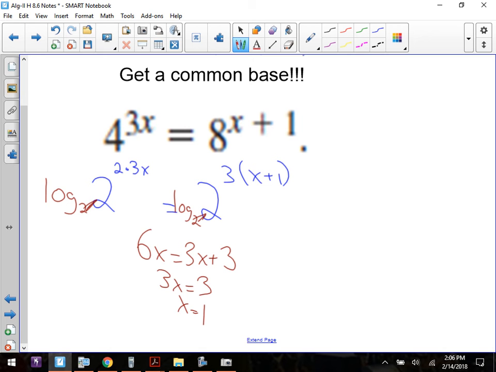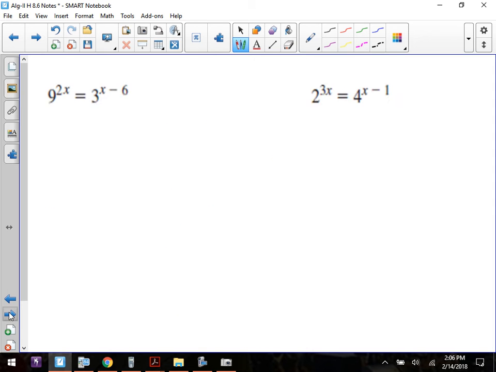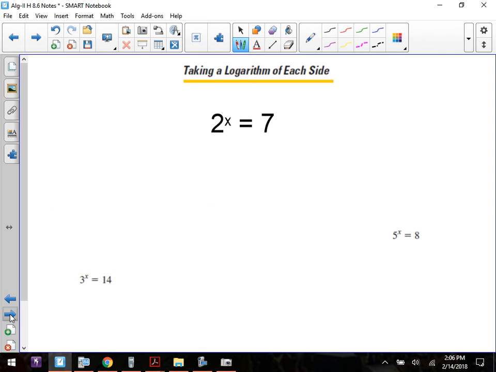But remember, that was example number one. It didn't look as nice. Can I rewrite 7 as a base 2? I could, but I don't know how. So I need to figure out a way again to get the exponent to drop.